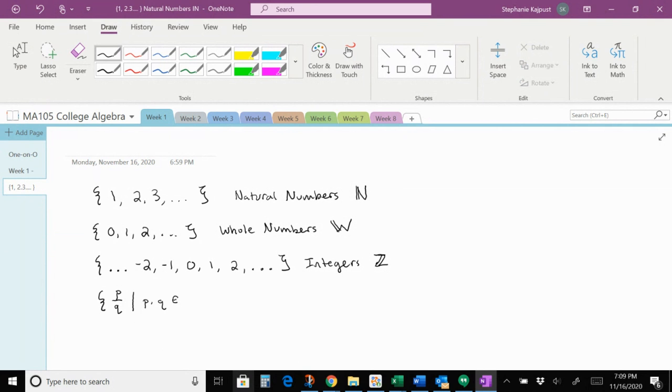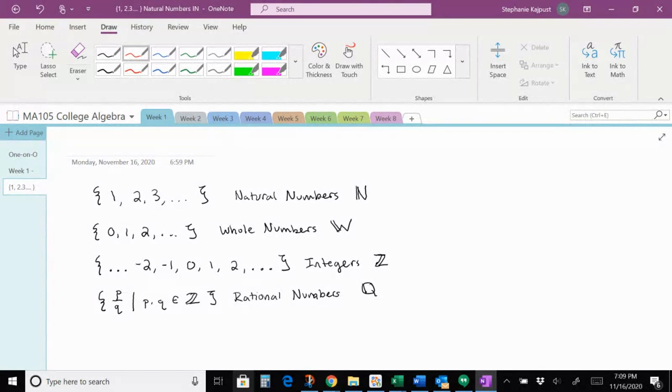And we use this special symbol that's a curved E, and that means "is an element of," and then you would say integers, or you can use the symbol. And then this is basically rational numbers, which we have this symbol as Q.